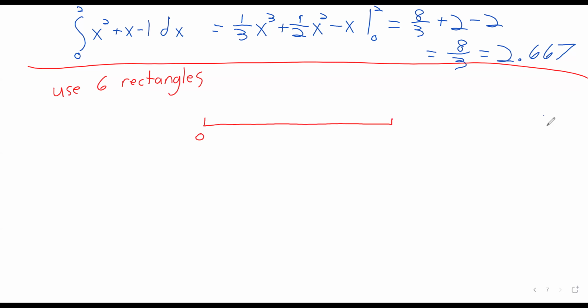So really, the midpoint rule is slightly tedious just because of all of the setup. I mean, we need to find all of the midpoints to use the midpoint rule. So here a is 0 and b is 2.